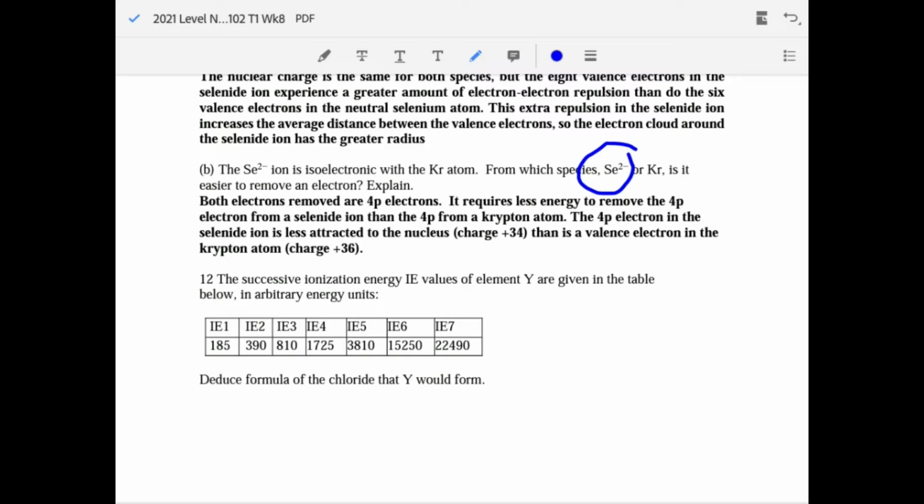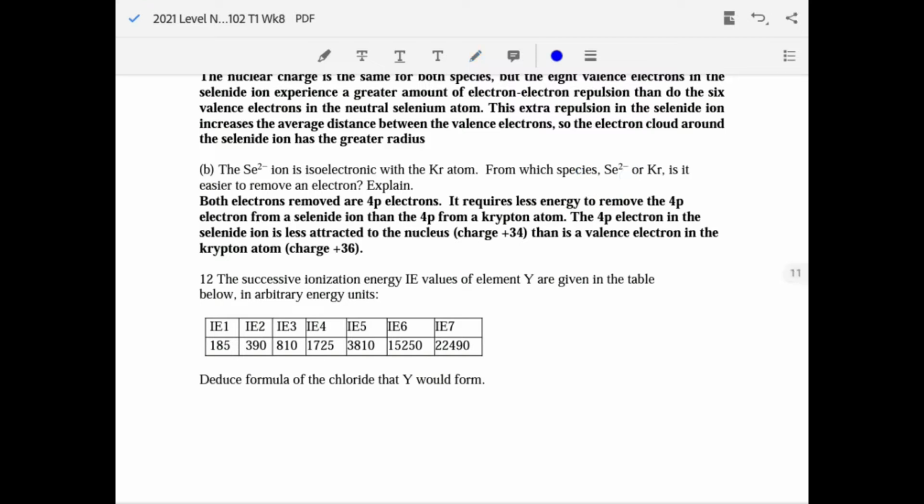Se2- is an ion where you had to give energy to make the electron free, or to make the electron go to a higher energy level. So this energy spent obviously increases for every electron you remove.